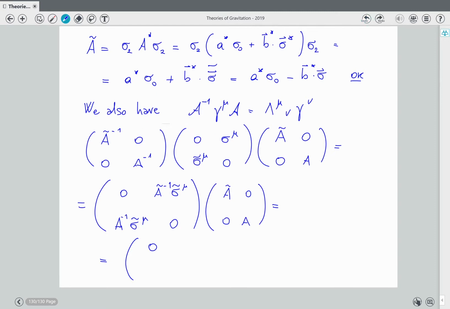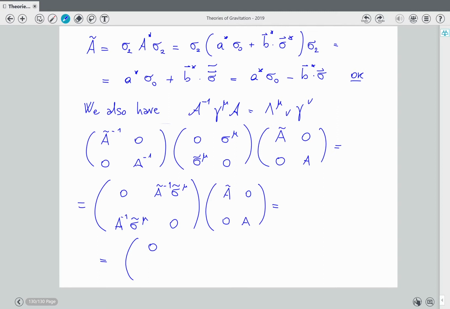This times this, no. A tilde to the minus 1, there is something, well, not wrong, but we have to complete it.